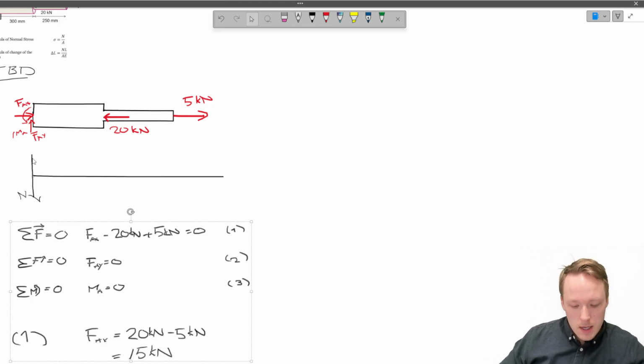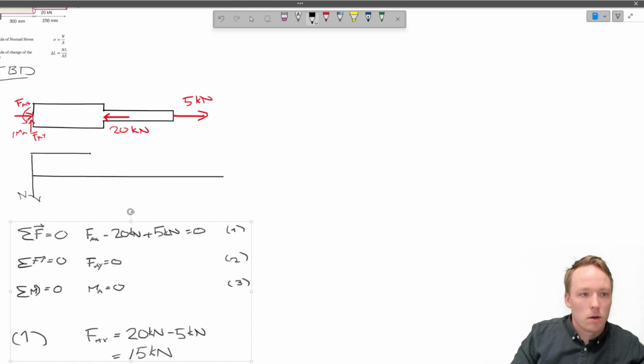hand side. And on the left hand side we can see that at first the normal force is going to 15 kilonewtons. We have the FAX, so it's gonna jump to 15 kilonewtons. It remains at the level of 15 kilonewtons until we reach this point.